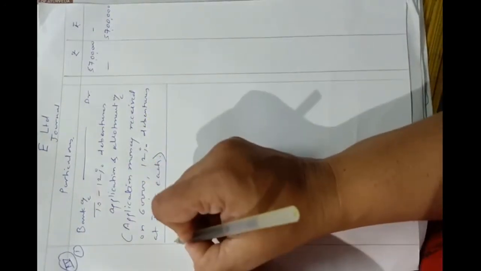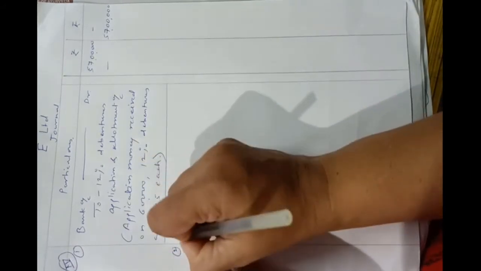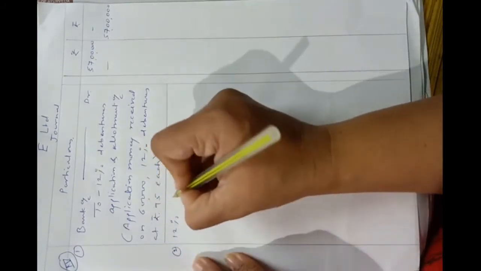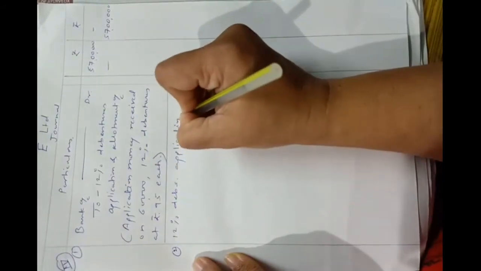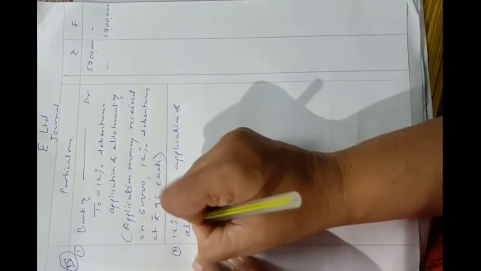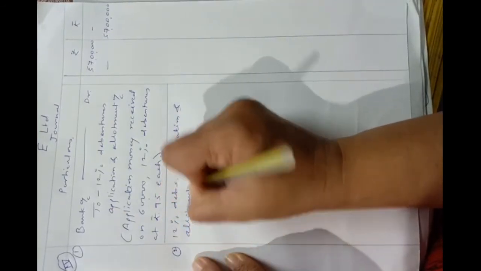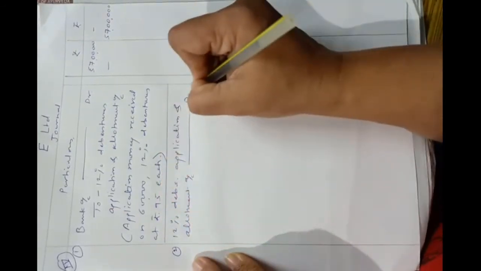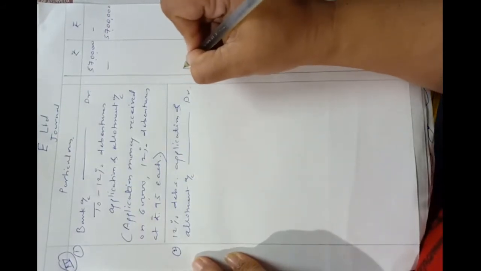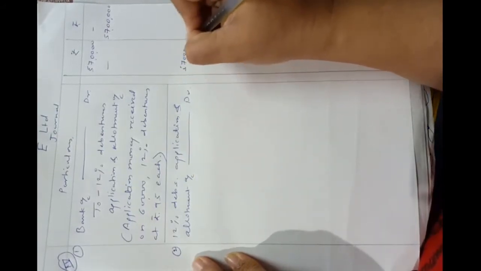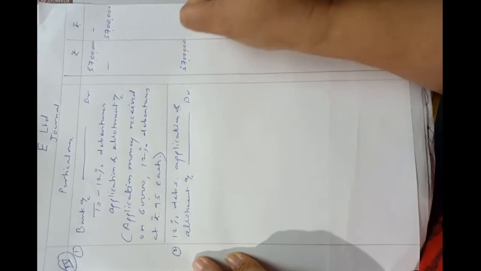So second entry, 12% debentures application and allotment account debit, that is 57 lakhs.